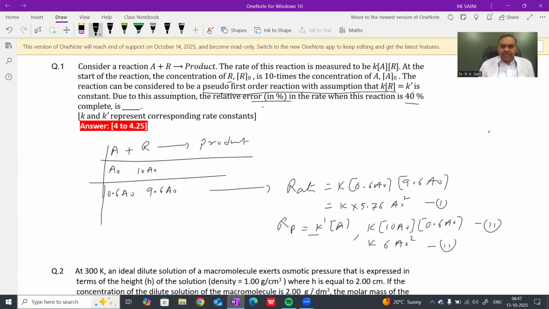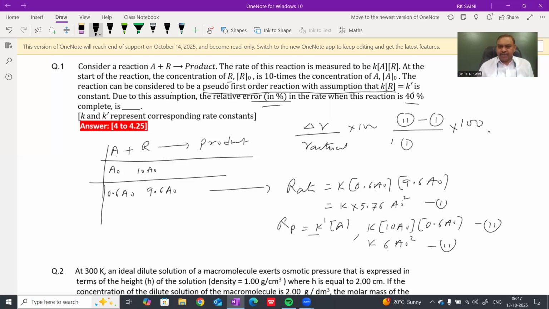Now we find the percent error. Percent error means the difference in rate with respect to the actual rate, into 100. Therefore, from equation second and equation first, the change in rate from equation second, assuming pseudo order, to actual rate, divided by equation first, into 100.